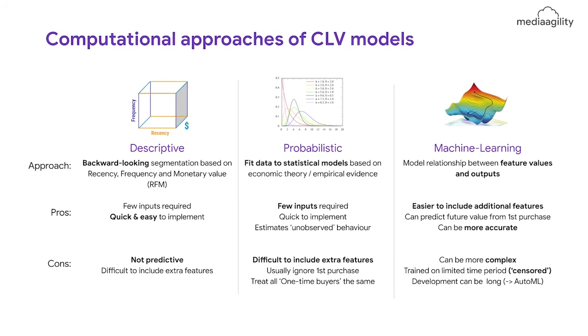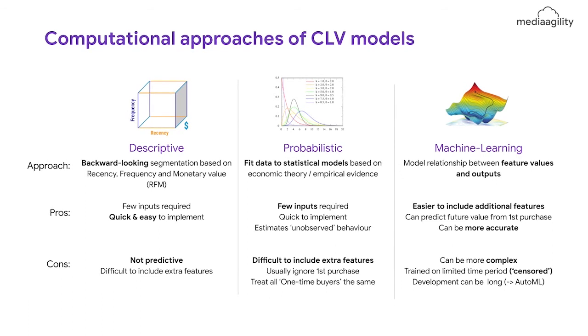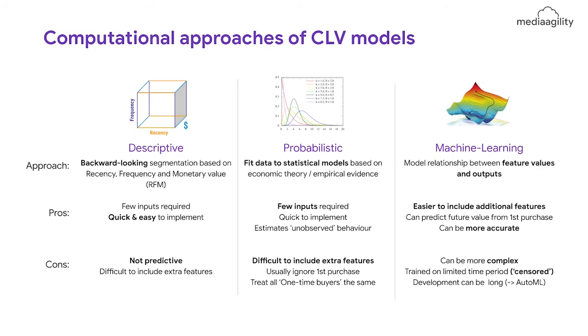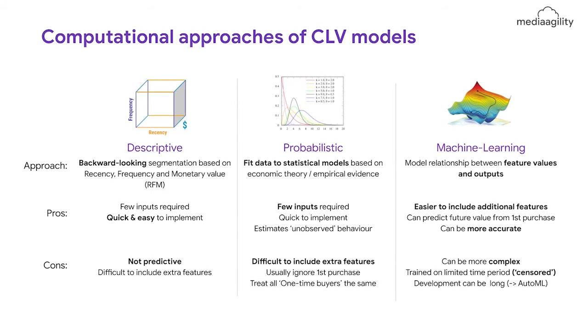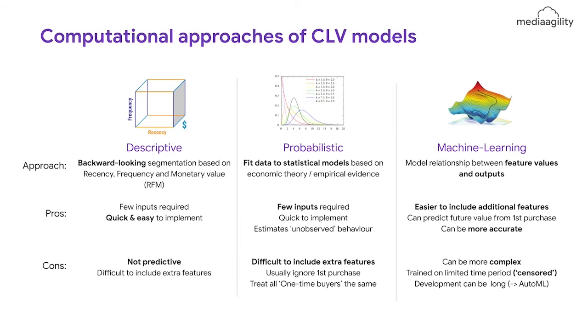But with a machine learning approach we can include more features, like the average time the customer spends on your website, when the last time he visited your website was, what the product reviews are, and with all those features we can create a more powerful machine learning model to predict your customer lifetime value.